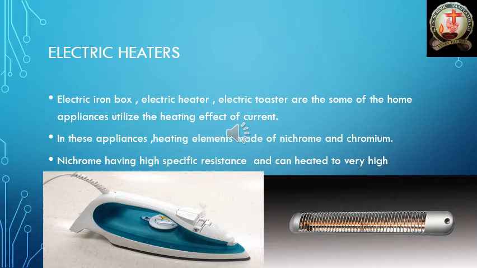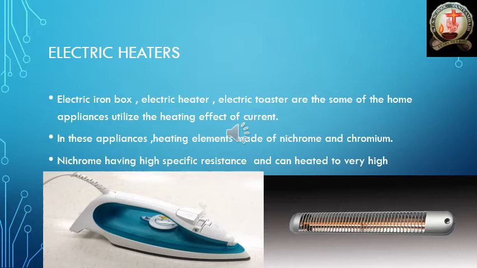These are two types of materials that produce more heat when current flows through them. Whenever current flows through these materials, they produce more heat. What are those materials? Nichrome and chromium.